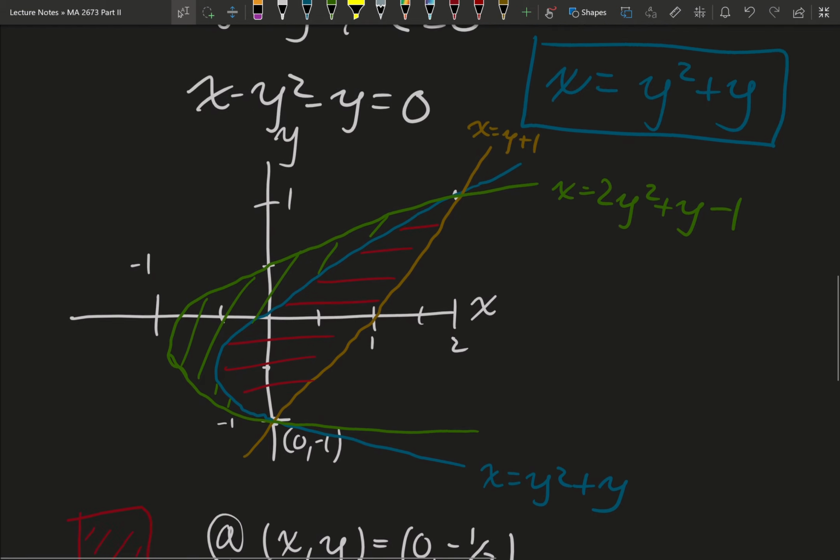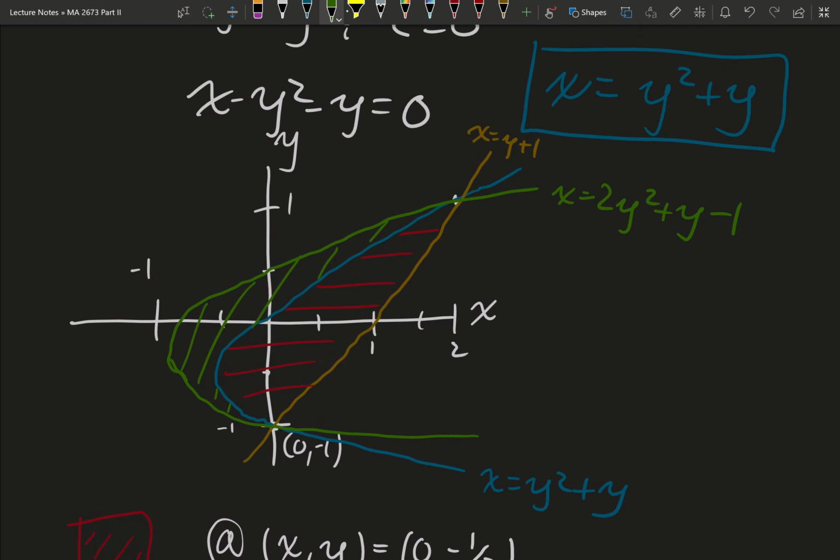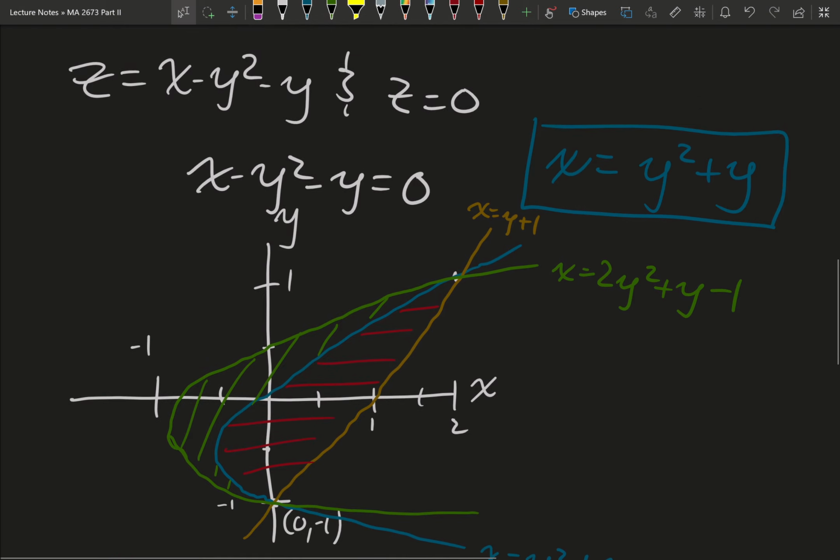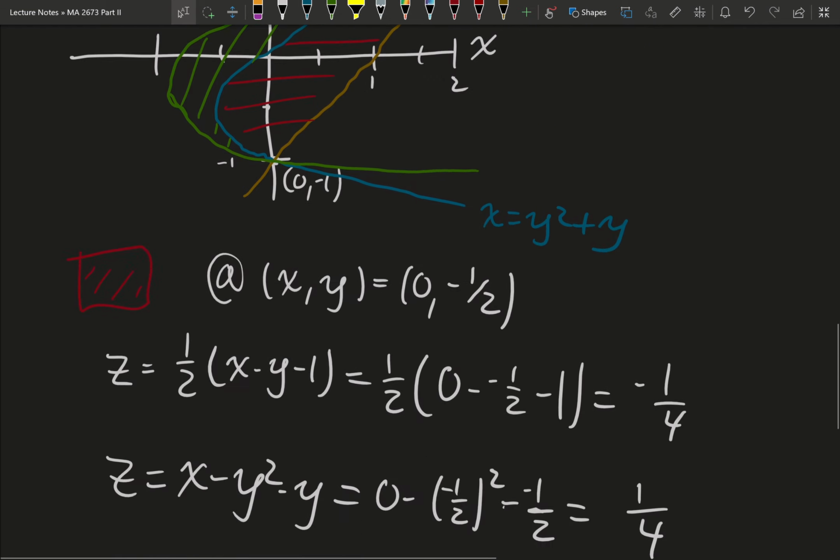And let's see, one point we could pick here is x equals negative 1/2 and y equals 0. Yeah, I think that should work.